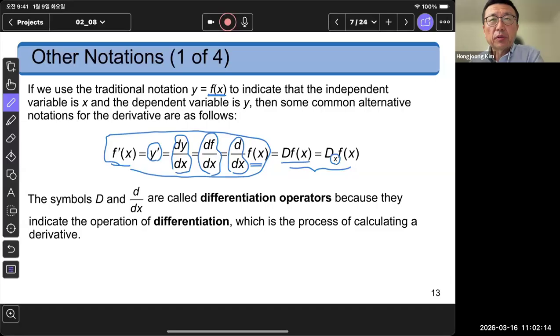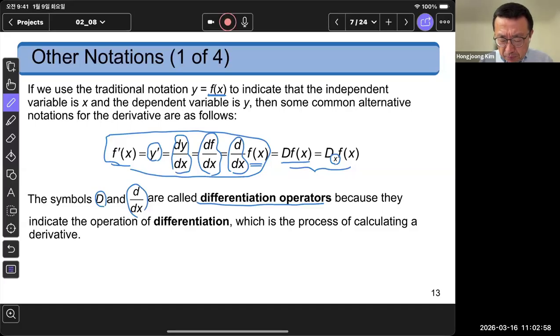But anyway, they are all representing the same function, f prime of x. And this uppercase D or d dx, these symbols are called the differentiation operators. The exact meaning of the operator is a little bit beyond the scope of our class, so you don't have to know it. But we will call this uppercase D or d dx the differentiation operators. So these are some notations representing f prime.